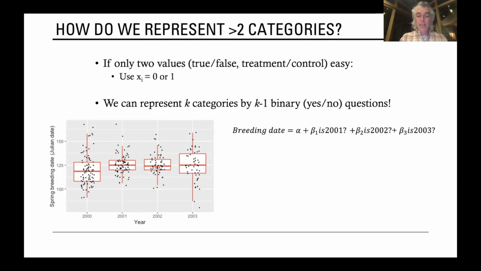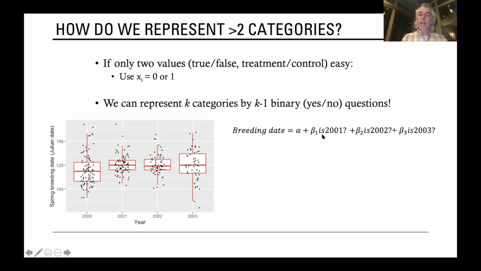So in this slightly more complicated example, where we have 4 different levels that we want to assess the effect of these 4 different years on spring breeding date, then we can categorize these 4 different levels by 3 separate yes or no questions that can define these 4 different levels.